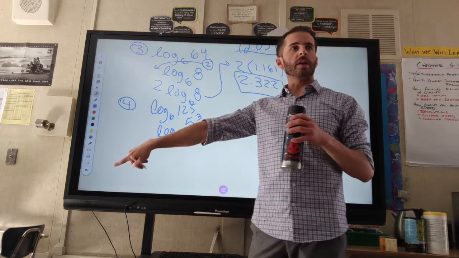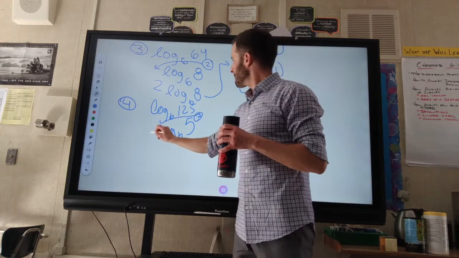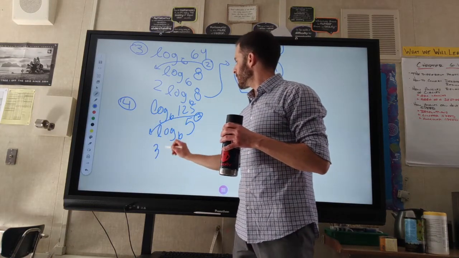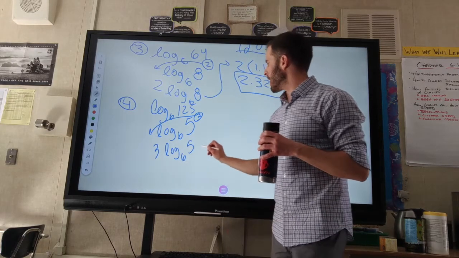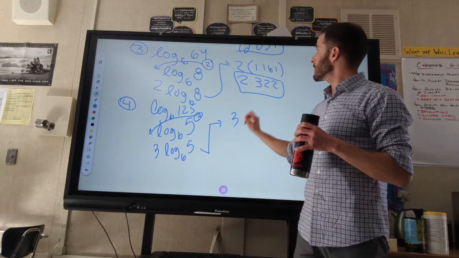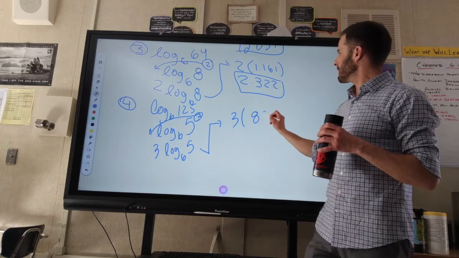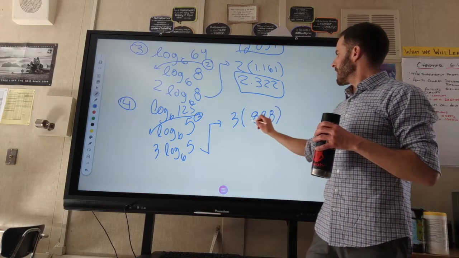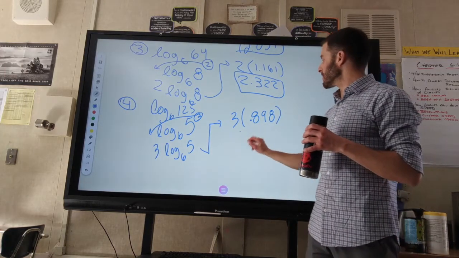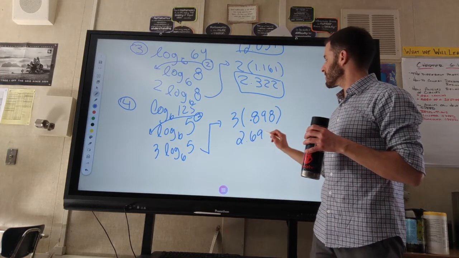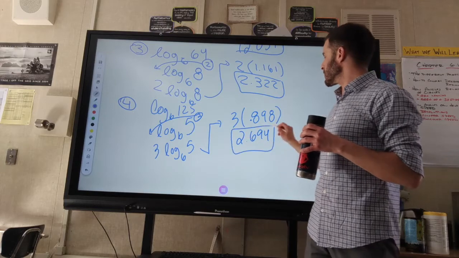And the exponent goes down in front. So 3 times the log base 6 of 5 is 3 times, was it 0.898? Yeah. And I don't feel like doing that in my head. What is it? 2.694. Excellent. Good job.